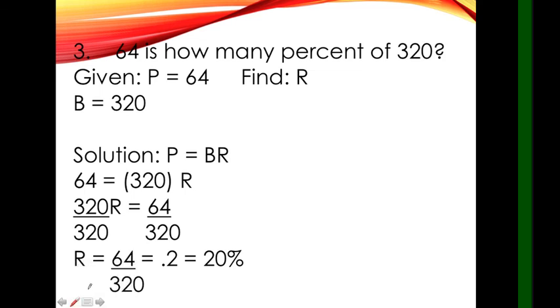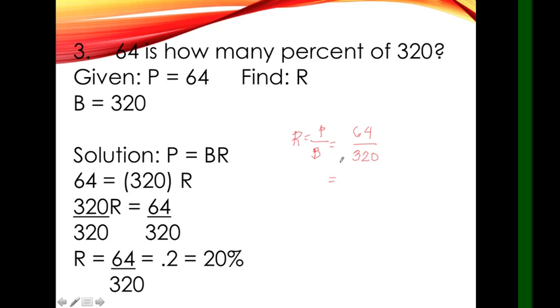Alright. So we have the formula to get the rate, which is P over B. The P is 64 and the B is 320. I-divide mo yung dalawa. Divide mo ang 64 at 320 using your calculator.